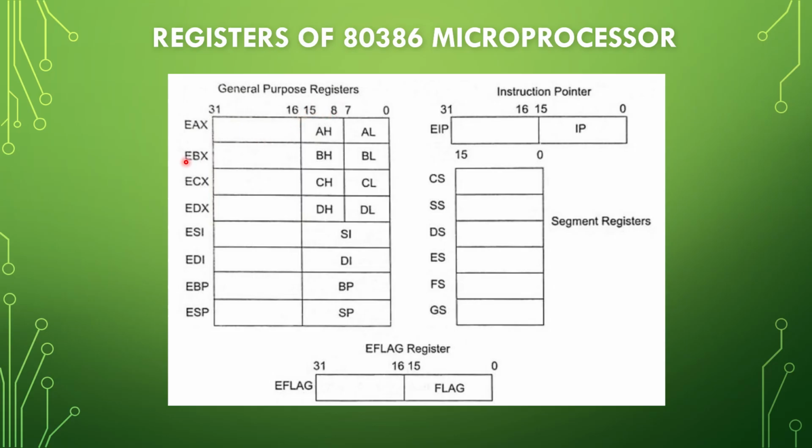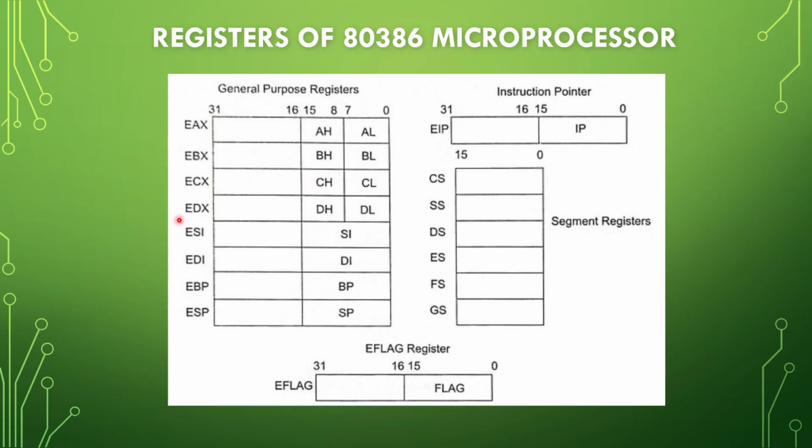Similarly, the BX register is nothing but the base register. Here also we have a lower part and an upper part. BL is the lower part, bits 0 to 7, and the upper is BH. Similarly, CX is the count register. Here also the lower and upper parts are there.